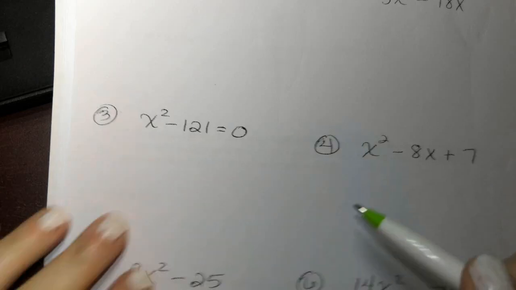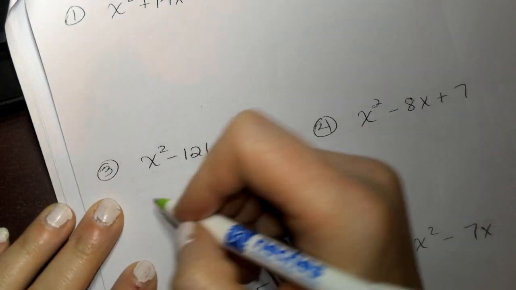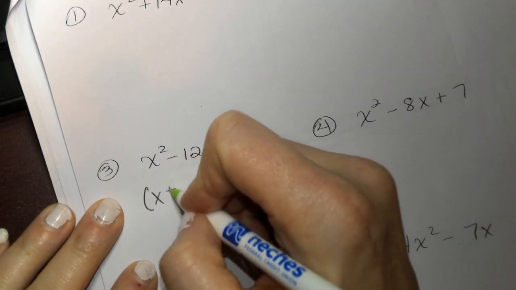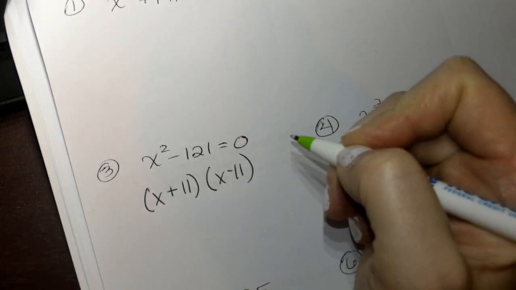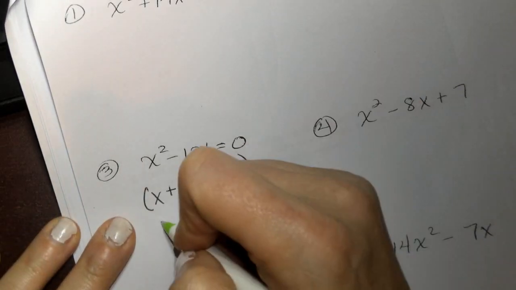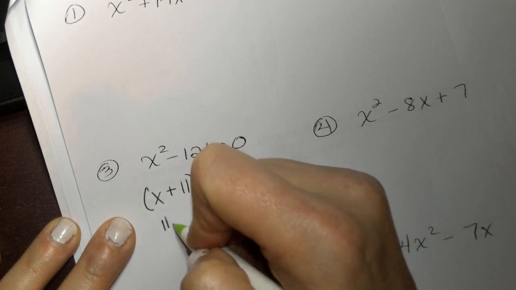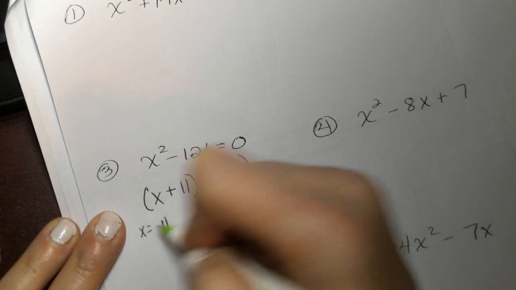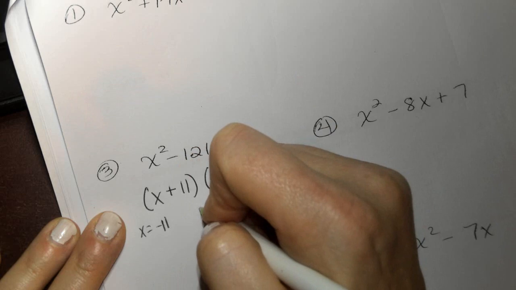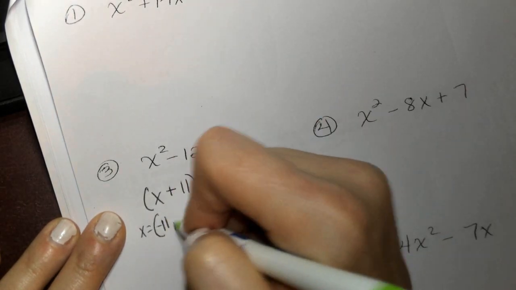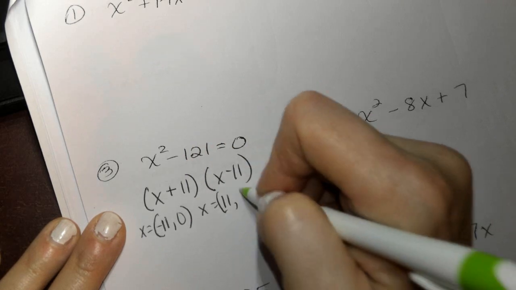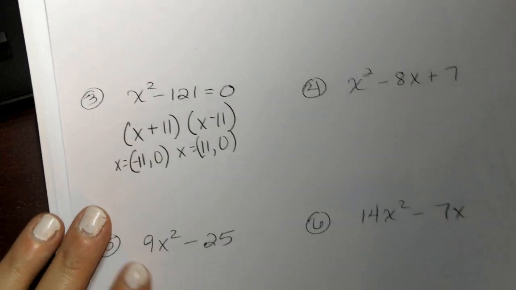Let's do number 3. It's not tricky, but difference of squares. They're both squared terms. So x plus 11, x minus 11. So you get negative 11 is your x, and then x equals positive 11 over here. So what that means is that the places it's going to cross the x-axis are going to be negative 11 and 11.